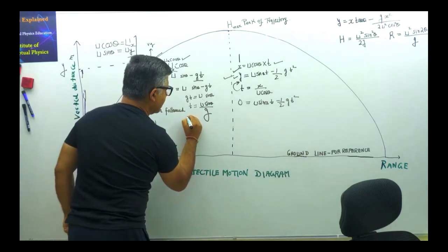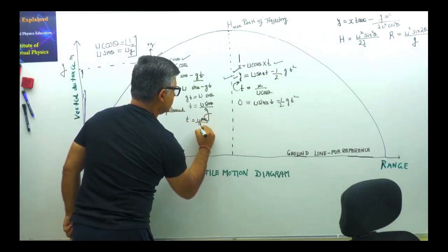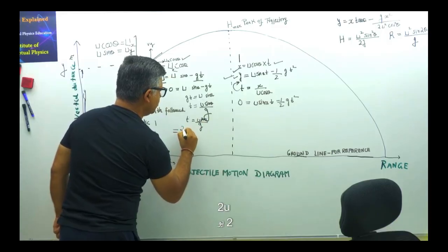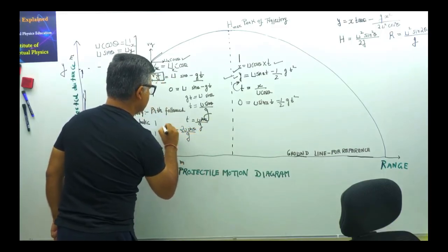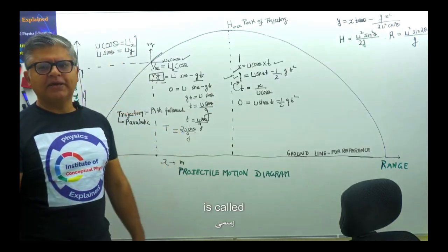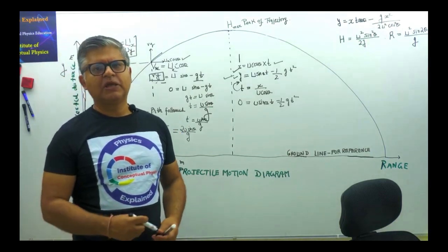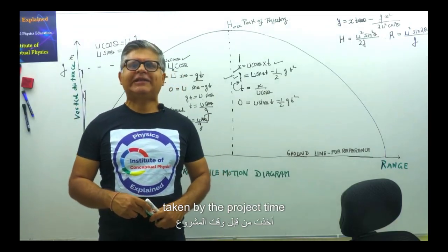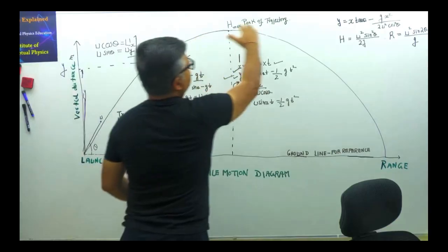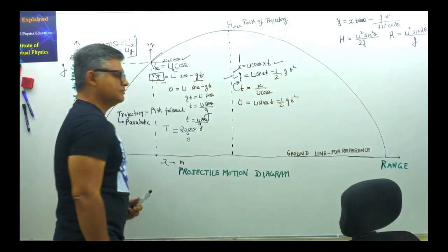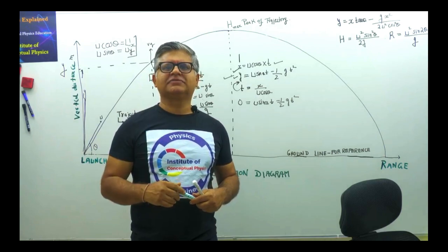So I will add another time and make it 2u sine theta by g. This time is called the time of flight. The total time taken by the projectile to cover this trajectory is called the time of flight.